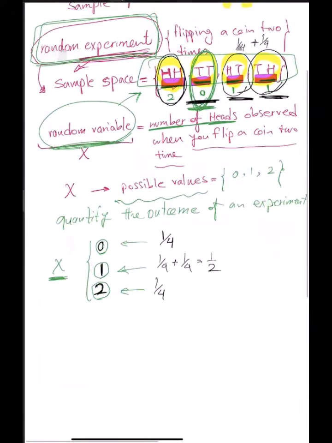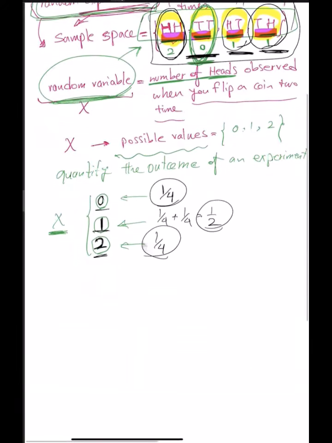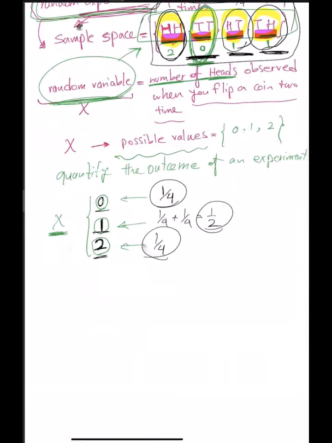So then I came from an experiment that has 4 possible outcomes to a random variable that can get 3 possible values, 0 or 1 or 2, and I have the probability of each one of them. And thus, I have the probability mass function of this random variable.